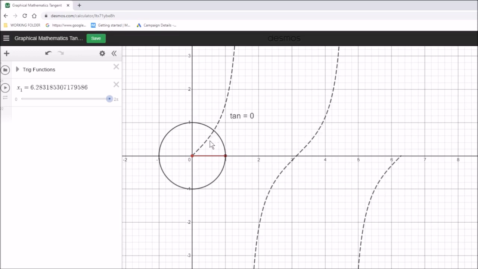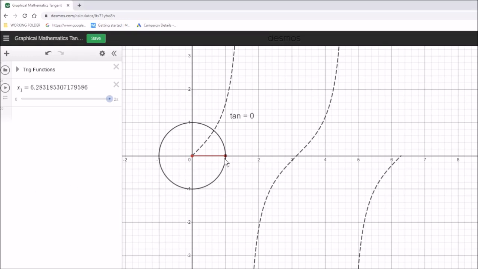So in order to get the second value, we would be taking this point here, which is the 180 degrees, and we would be adding on the 45 to get to this point here. So it means that the tan of 45 degrees would be the same as the tan of 180 plus 45, which would be the tan of 225 degrees.